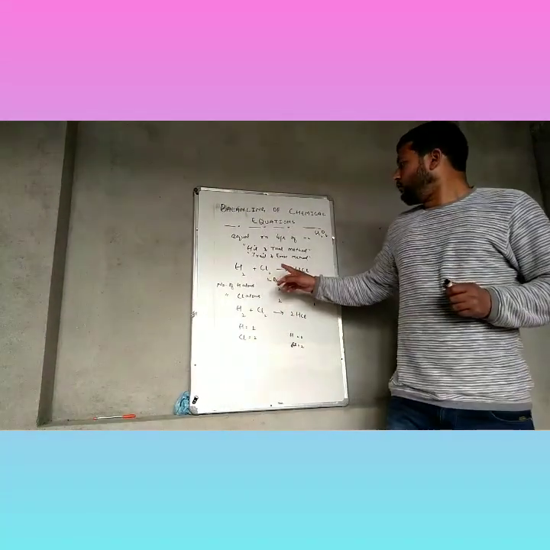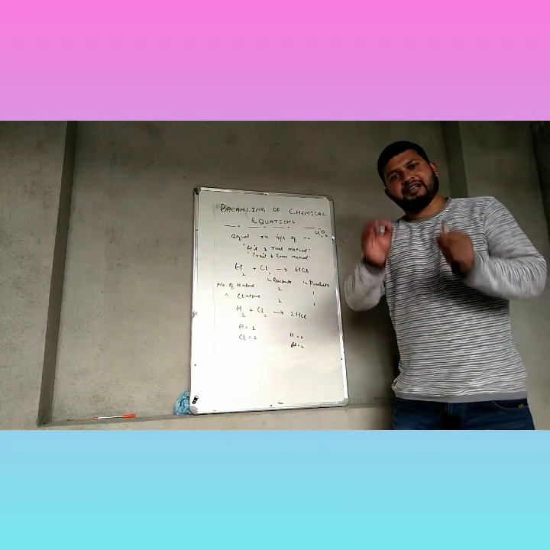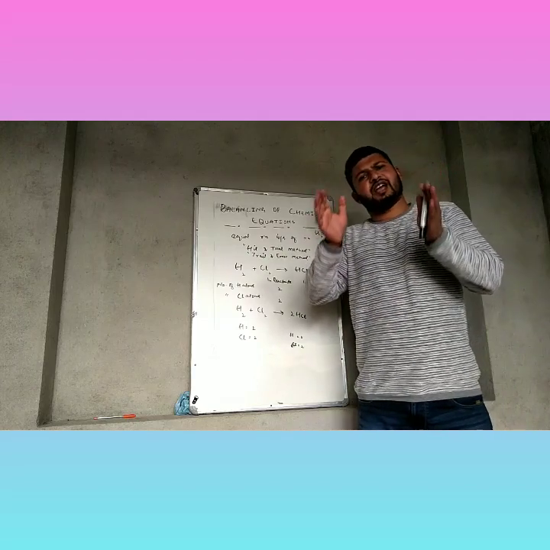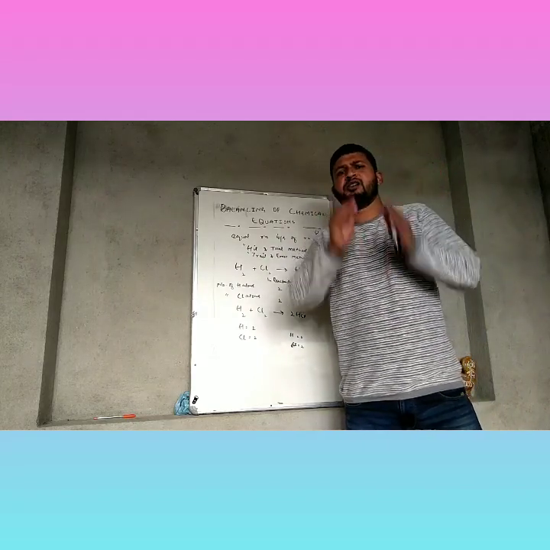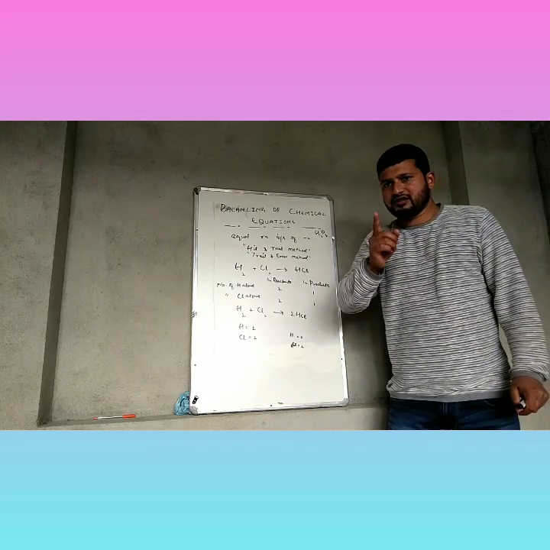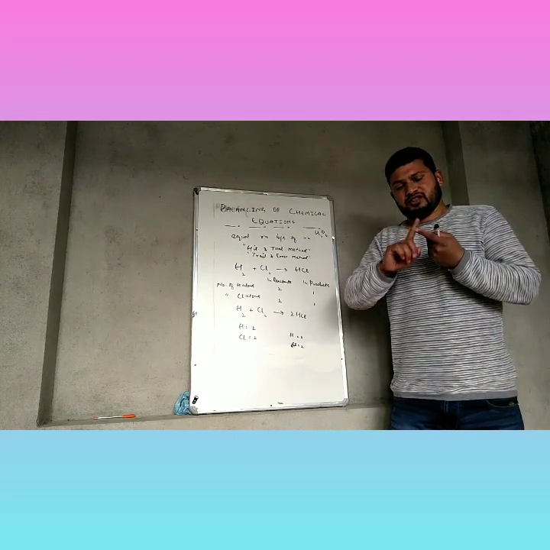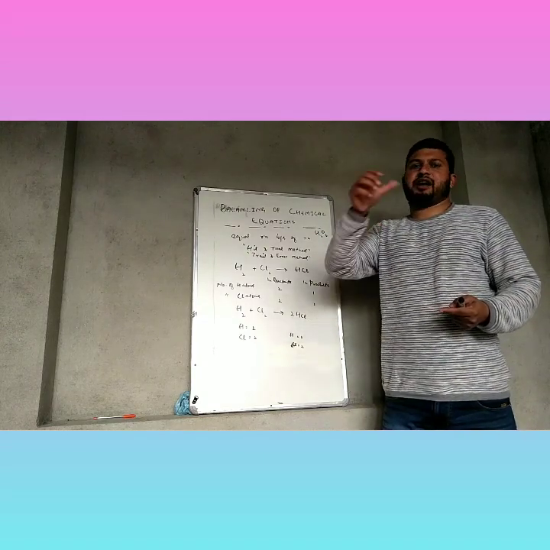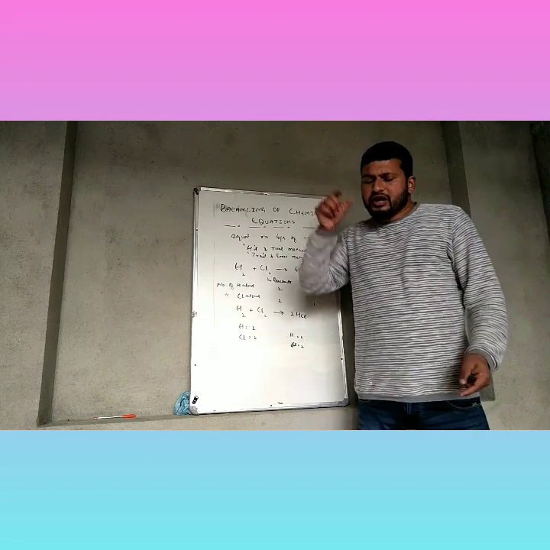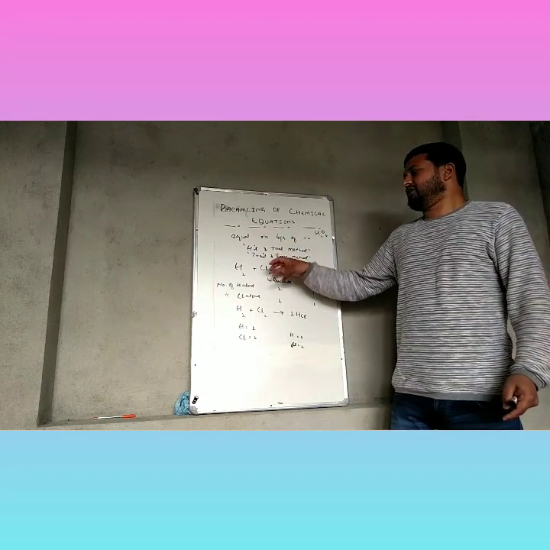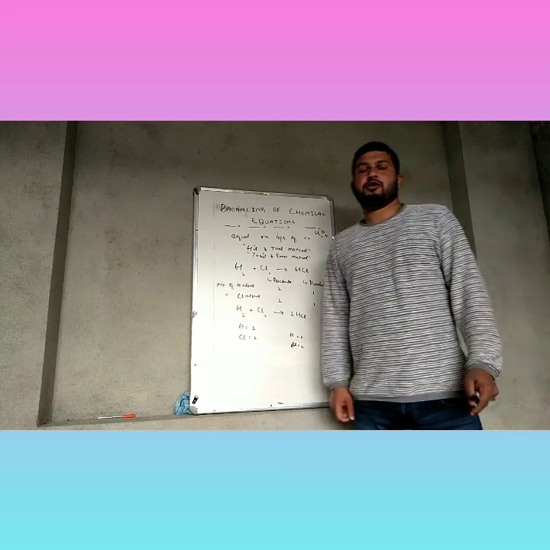That means during this reaction, one hydrogen atom and one chlorine atom have been destroyed, which goes against the law of conservation of mass, which clearly states that whenever a chemical reaction occurs, neither are atoms created nor destroyed. So in order to satisfy the law of conservation of mass, the equations should be balanced.